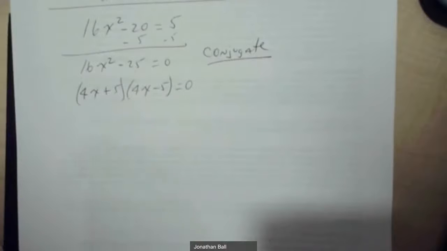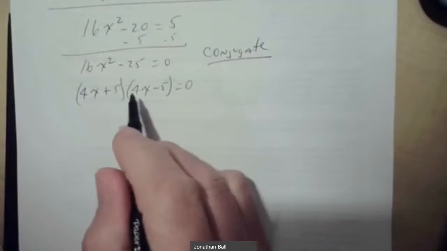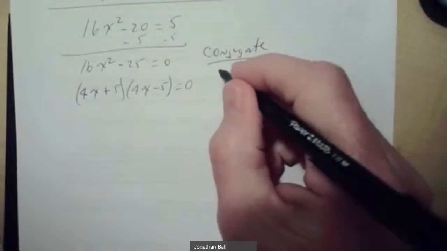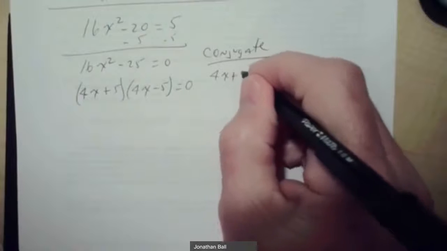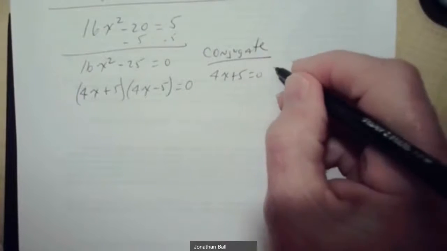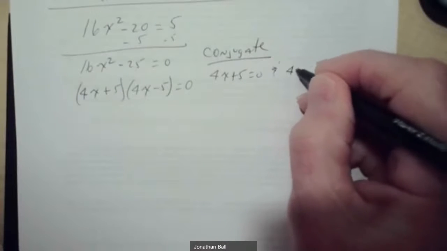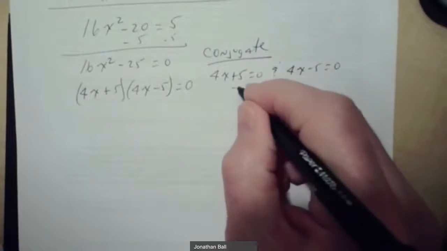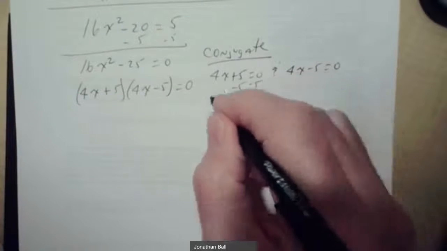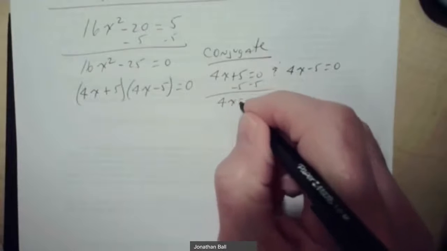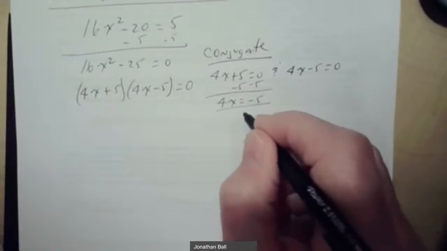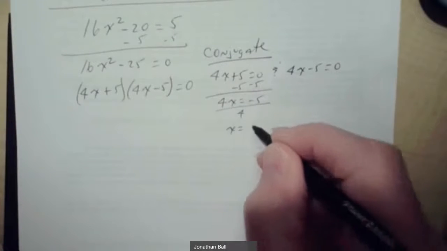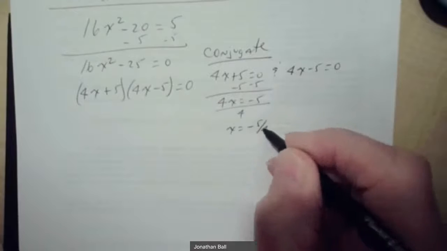Now we set each one of the factors equal to 0. So we have 4x plus 5 equals 0, and 4x minus 5 equals 0. Subtract 5 from each side. 4x equals negative 5. Divide by 4. x equals negative 5 over 4.